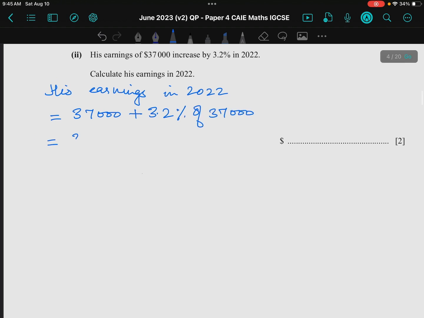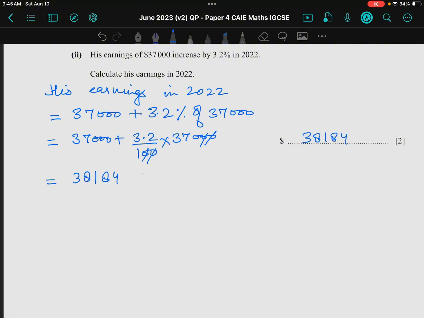So 37,000 plus 3.2 upon 100 into 37,000, cancelling out zeros. Put this value in your calculator. Now you will get 38184. This will be the new earning in 2022.